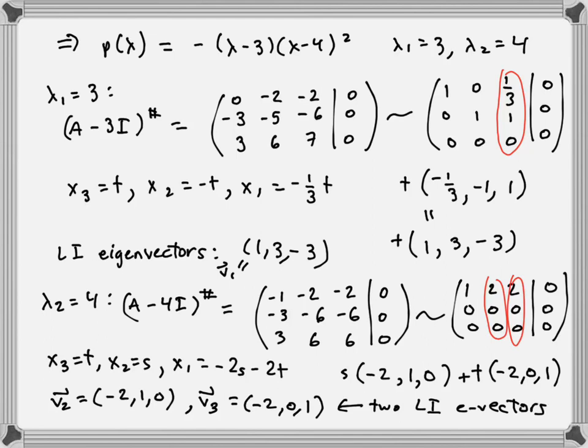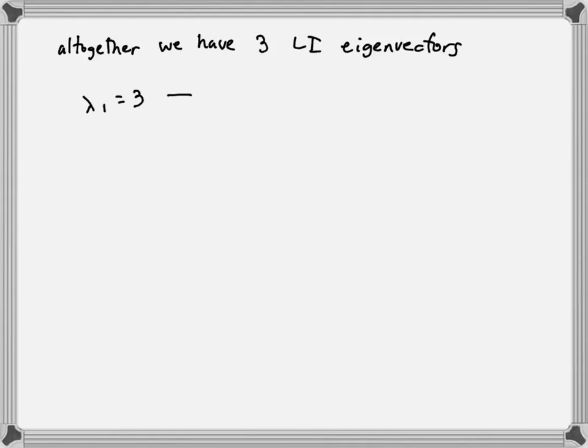Okay, so all together, how many do we have? All together, we have 3 linearly independent eigenvectors. And let's write them down. For lambda 1 equals 3, we had our eigenvector, we called it 1, 3, negative 3.